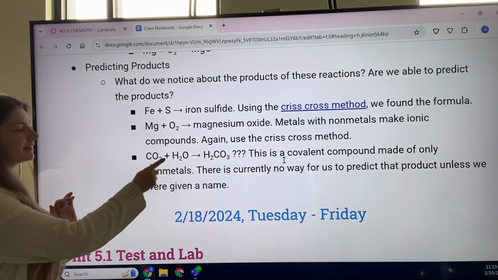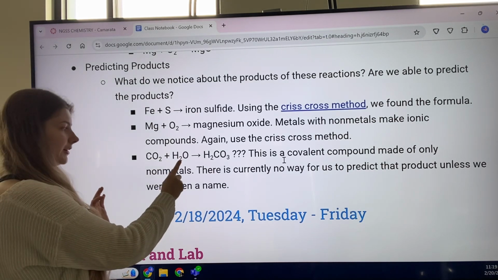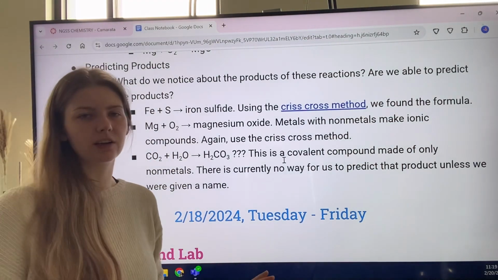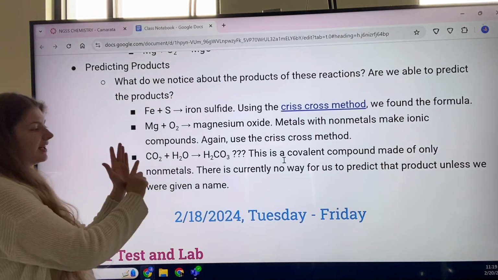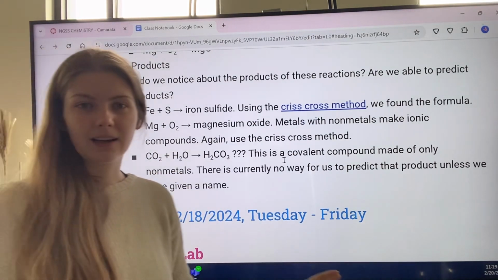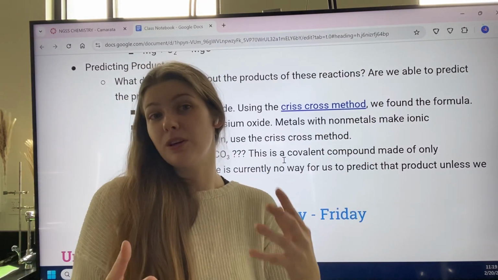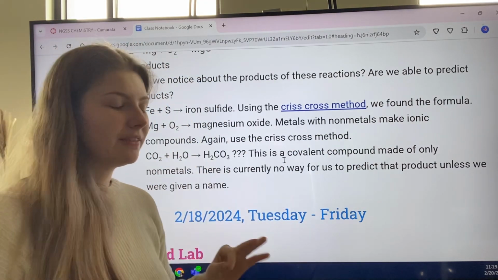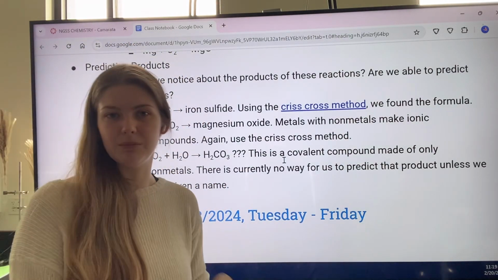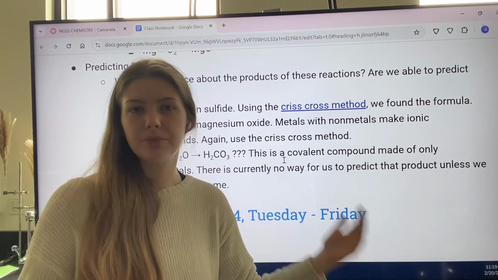When we have carbon dioxide forming with water, it's hard to predict that product because this is not an ionic compound. If we look at those reactants, not a metal, not a metal, not a metal. These are all covalent compounds, so the product is going to be covalent as well. When we have covalent compounds, we talked about how we have to be so specific with naming. We have to use tri, di, hepta, hexa.